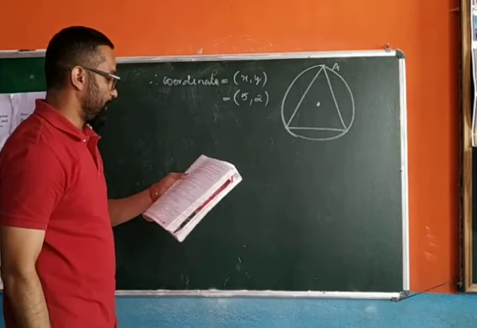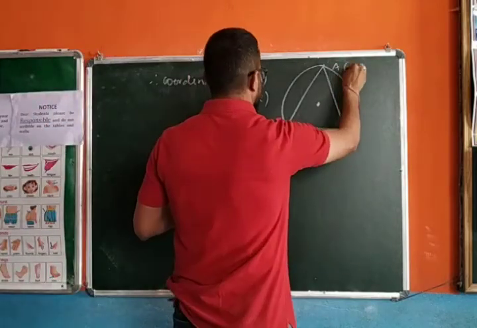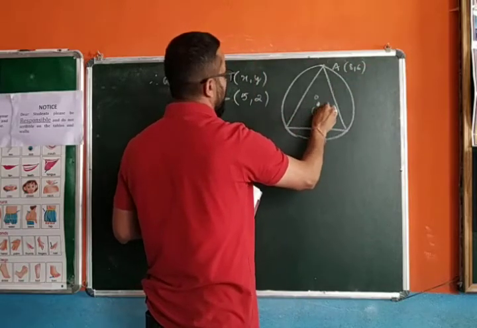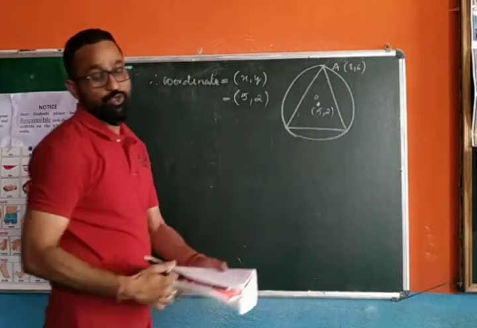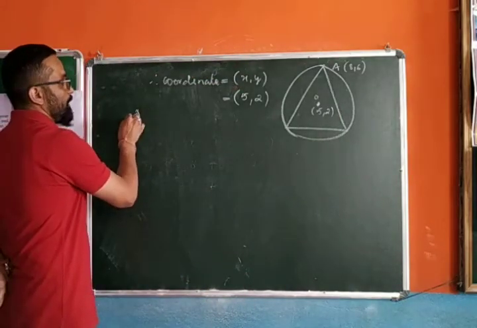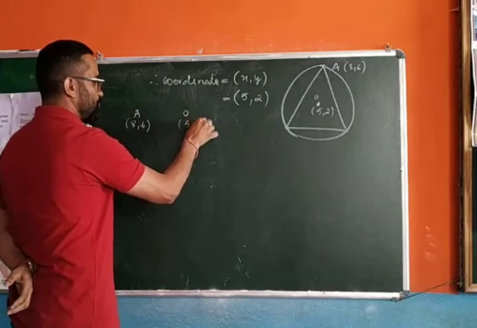A has coordinate (8, 6), and the center we got is (5, 2). So we use the distance formula to calculate AO, with A (8, 6) and O (5, 2).